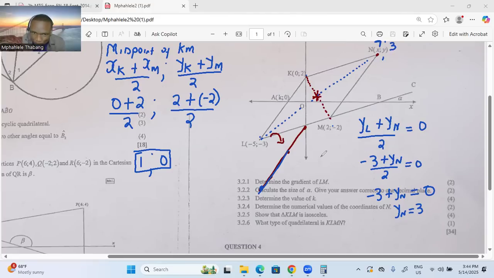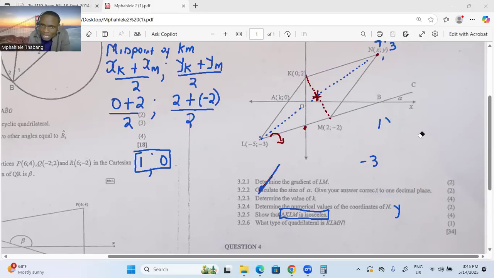That was 3.2.4. Now let's go to 3.2.5. Show that the triangle KLM is an isosceles triangle. An isosceles triangle is a triangle which has two sides that are equal. So they are saying show that KLM is isosceles.